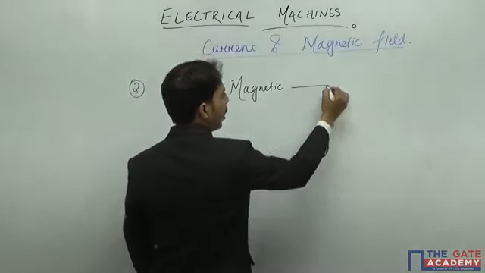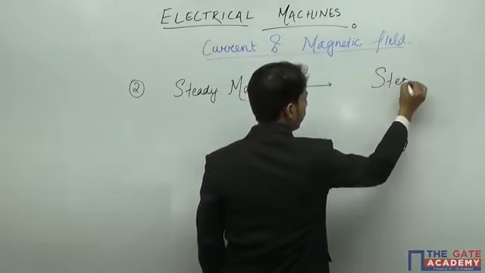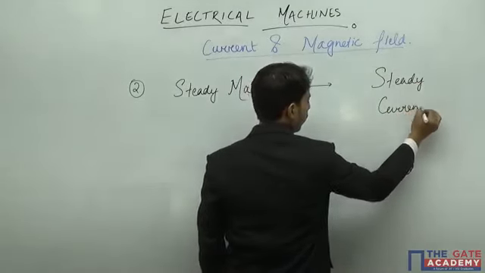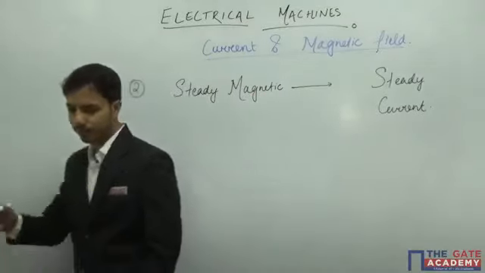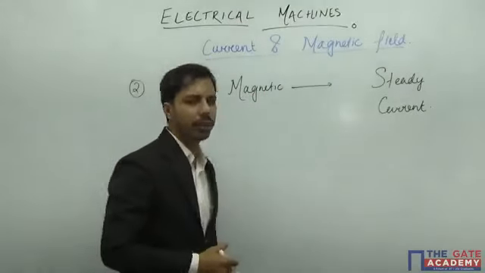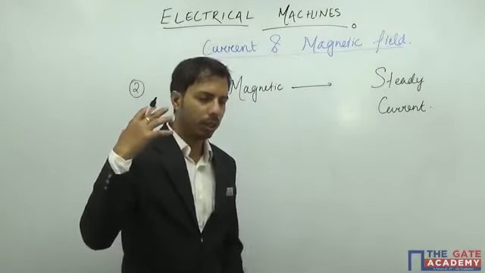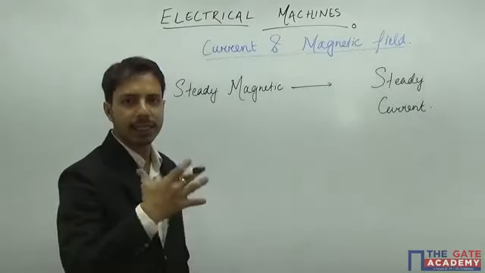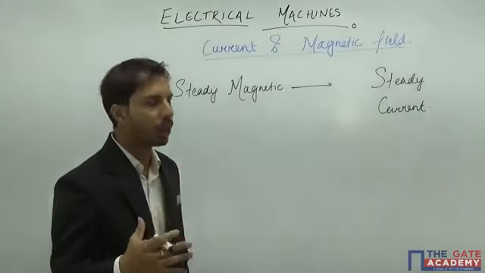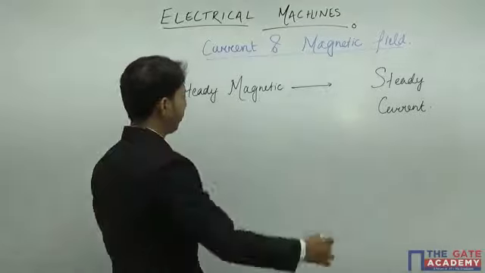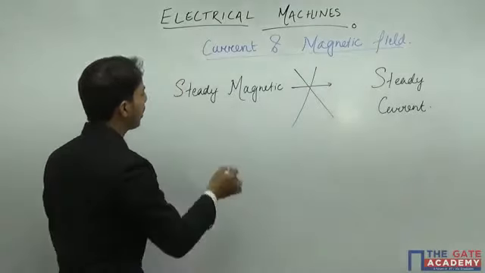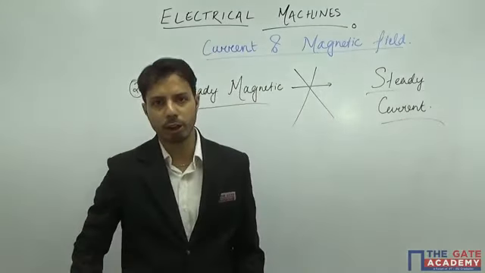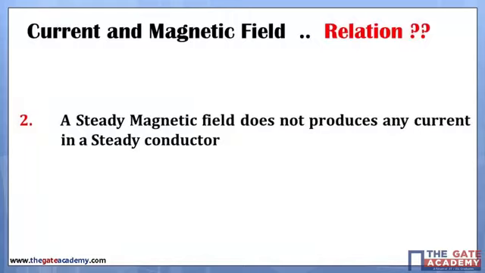A steady magnetic field can produce steady current or not? And he did this experiment rigorously for days and days, but he was not successful. Ultimately he found out that a steady magnetic field cannot produce steady current. Cannot.